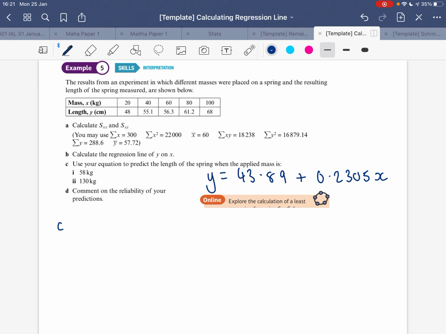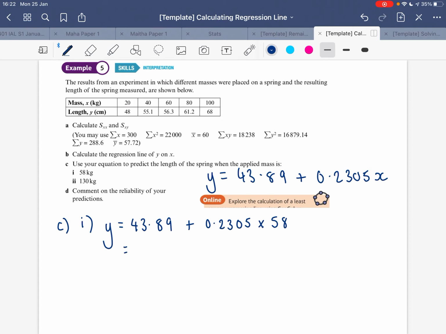So for part I, we are using 58. The mass is obviously our x value, so we are working out what y is by doing 43.89 plus 0.2305 multiplied by the mass of 58.